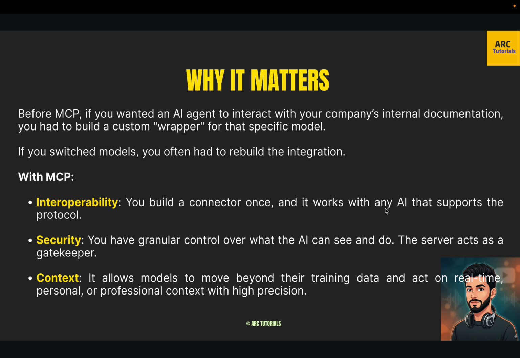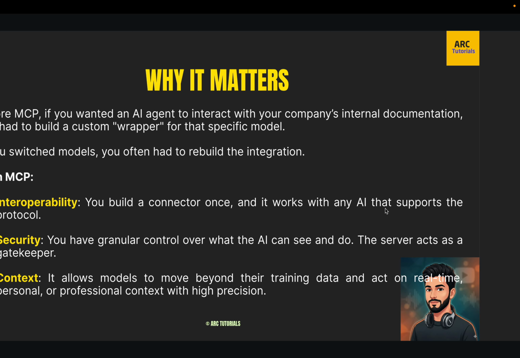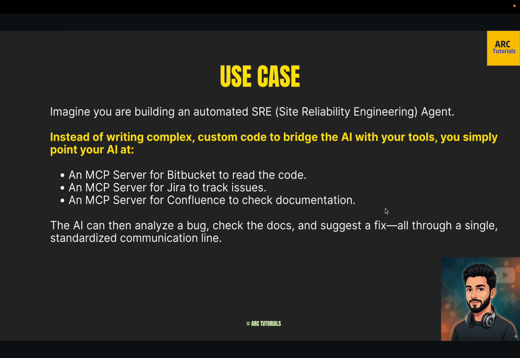You have security. Since you have granular control on what the AI can see and do, that means it acts as a gatekeeper. Context. Now this allows models to move beyond their training data and act on real-time personal or professional context. This gives you high precision. That's why it matters.